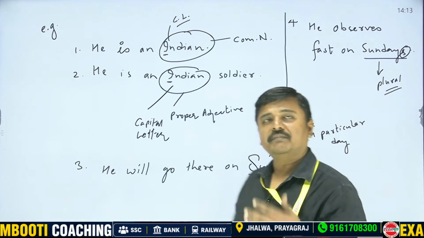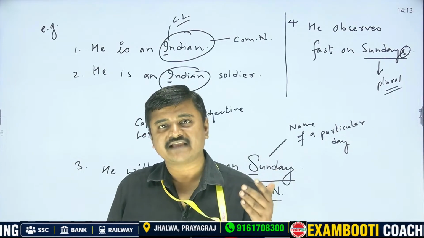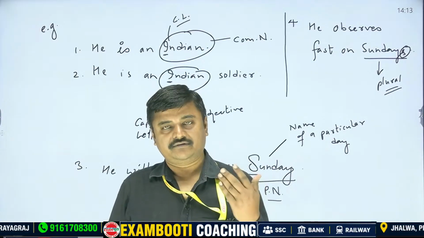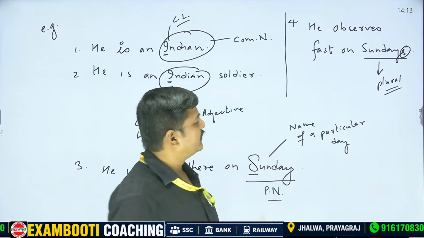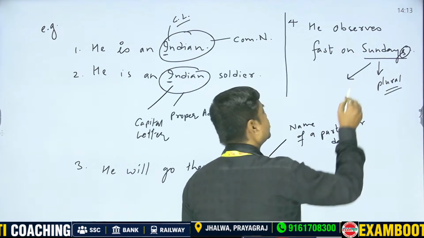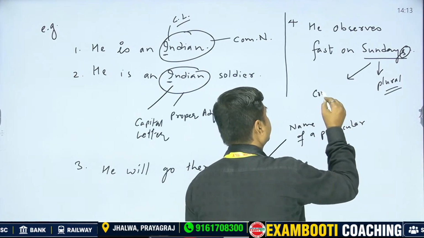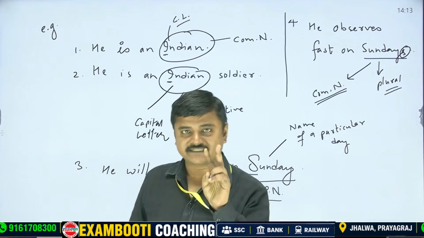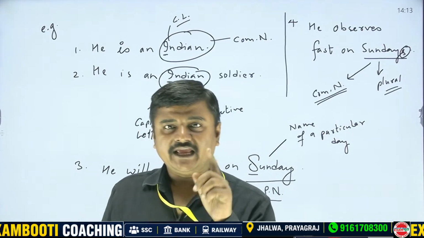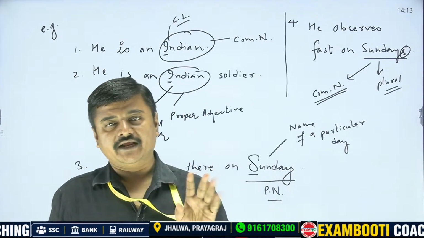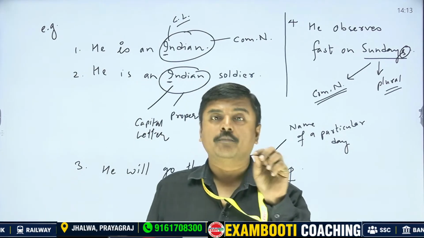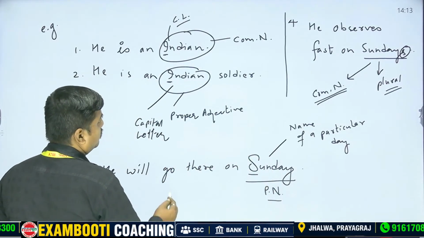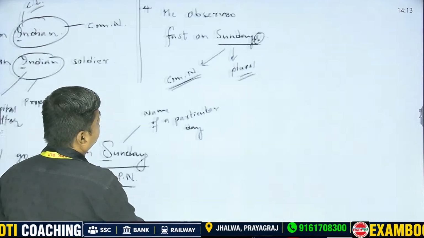On Sundays means all the Sundays that come in a month, that come in a year, all the Sundays. Now this is not a proper noun. This is working as a common noun, because I have told you two things. If you find a or an before a word, it will be a collective noun or a common noun. Remember this. Hope you have remembered this. Remember this too.